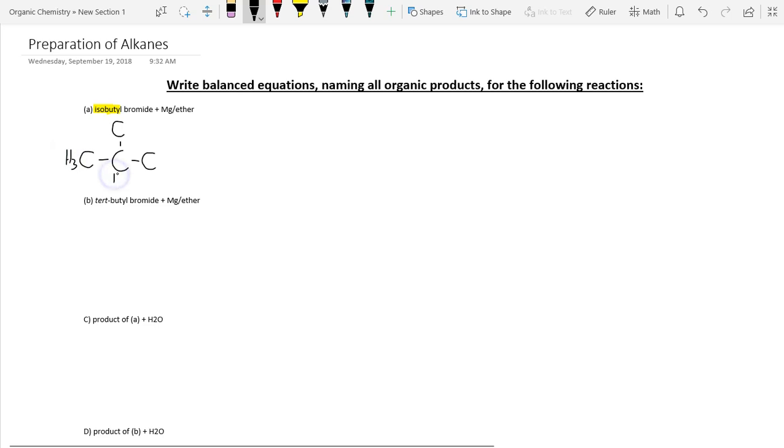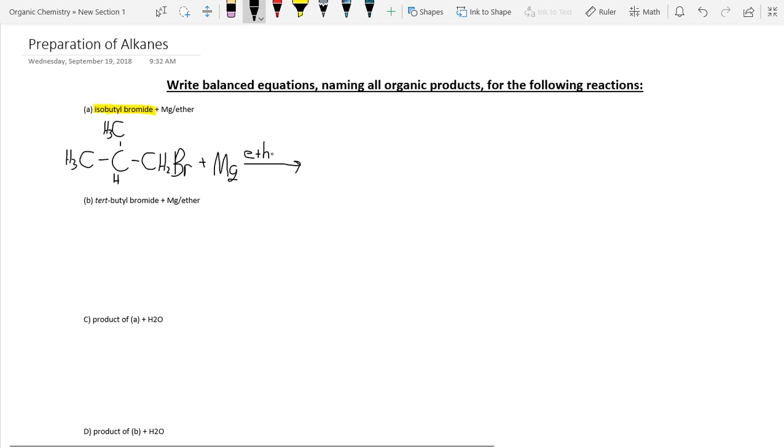I won't draw out where all of them are, I'm just going to put CH3s. I have 2 hydrogens, and then isobutyl bromide, so I have a bromide on my carbon here, plus magnesium in ether.